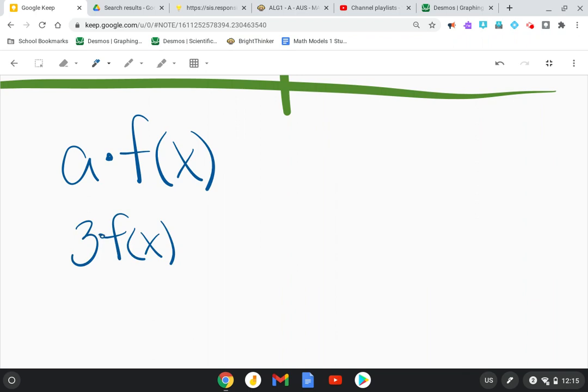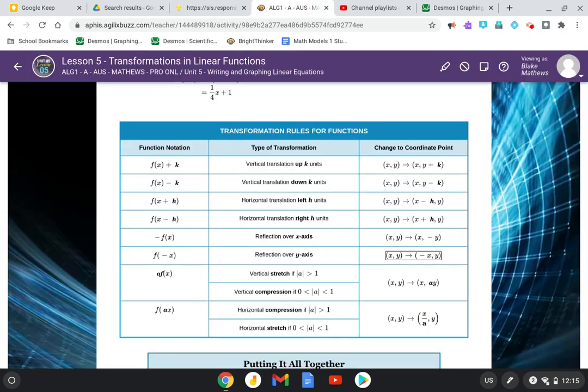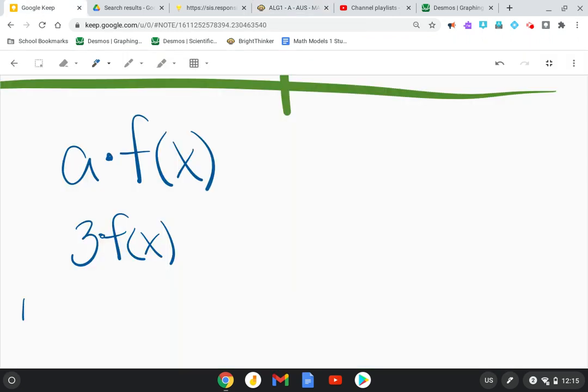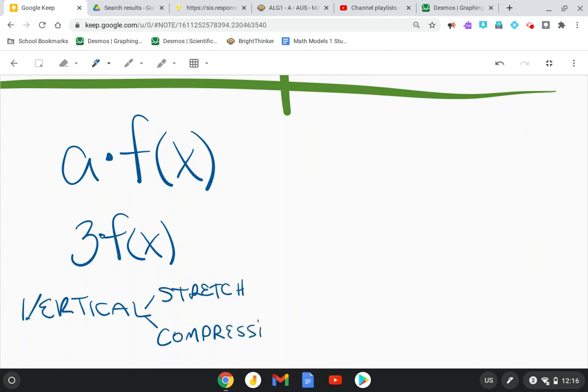And so this is going to be what we call a dilation. It's going to be a stretch or a compression, okay? So this would be a vertical stretch or a vertical compression. How do I know which is which?